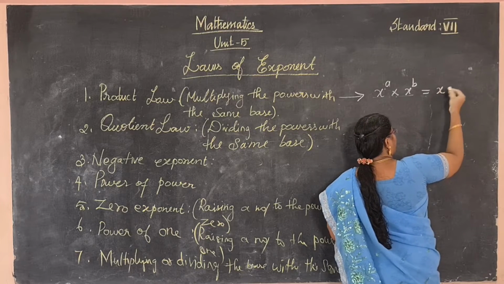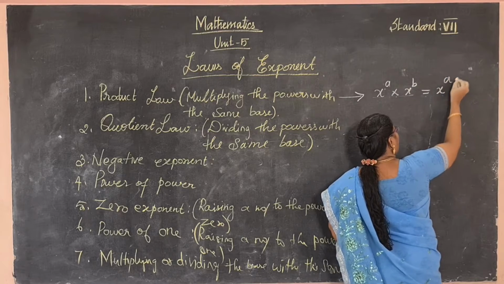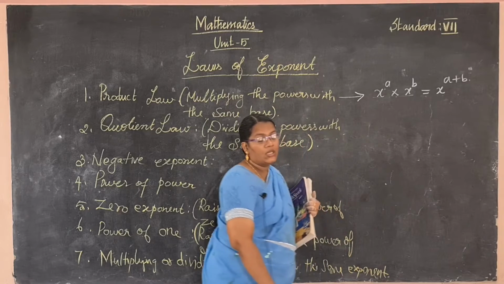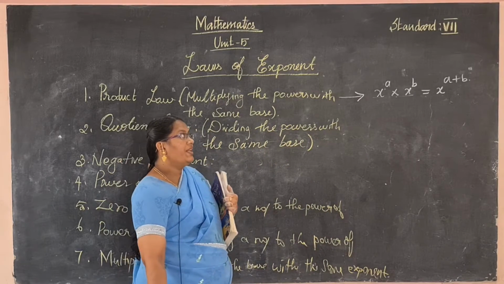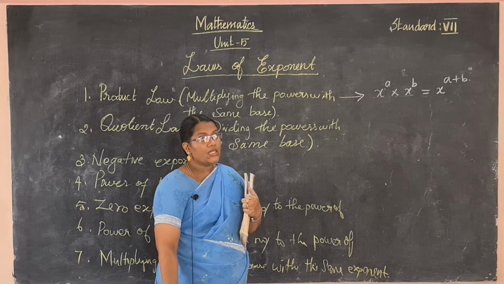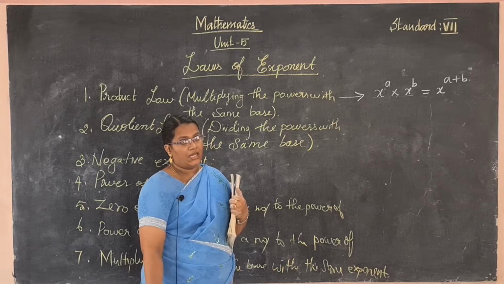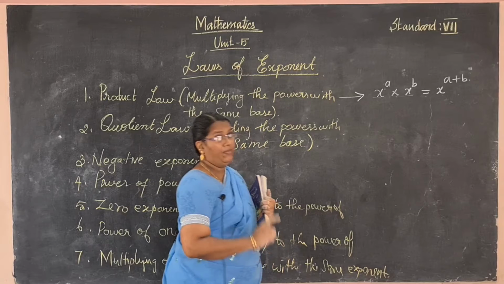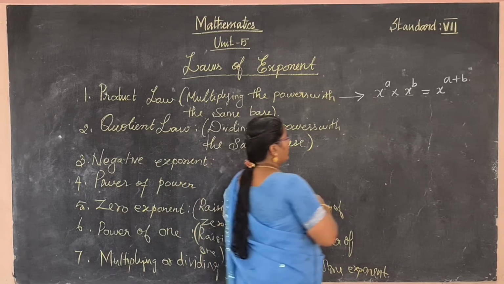Consider the base as x, the powers will be added, so a plus b. So what is the rule of product? x power a into x power b is equal to x power a plus b. The bases are the same, so we add the powers. That is the first one.